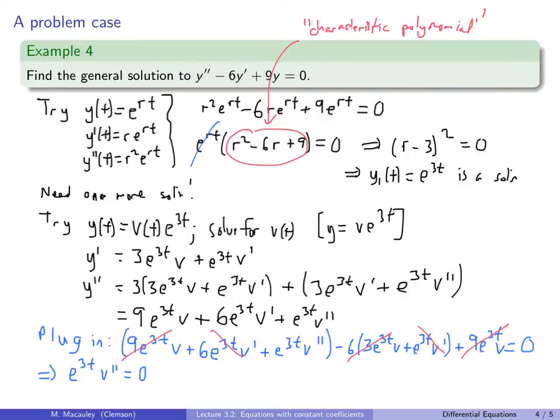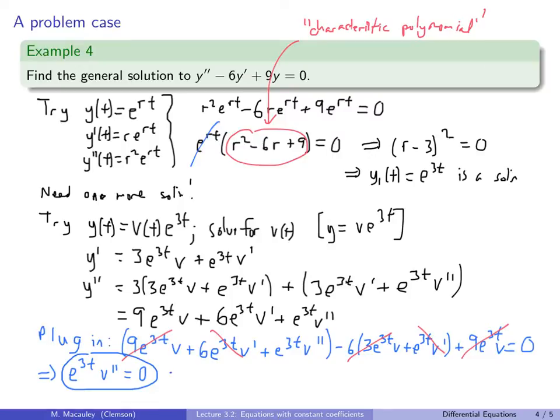Okay, so here's what we have. Now what does this tell us? This is a function, and that's a function, and it's the zero. So this function is the zero function. And this is certainly not zero anywhere, and it's certainly not zero everywhere. So if some non-zero function times a mystery function is zero, then that mystery function better be zero.